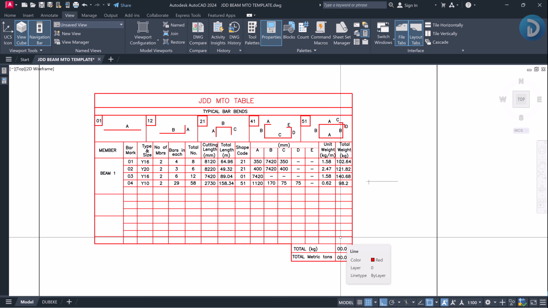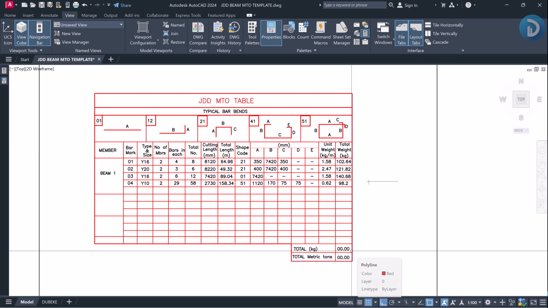You will not be asked the total tons. And mind you, the cost of each of these reinforcements is different. The cost of 1 ton of 16 diameter reinforcement is different from 1 ton of 20 millimeter reinforcement. So it's not possible to sum all these values together and give an estimate.